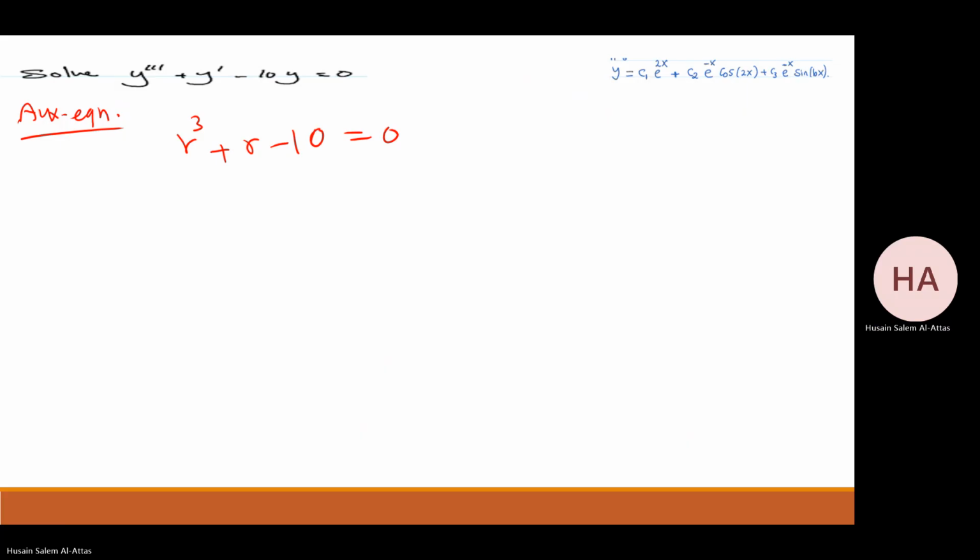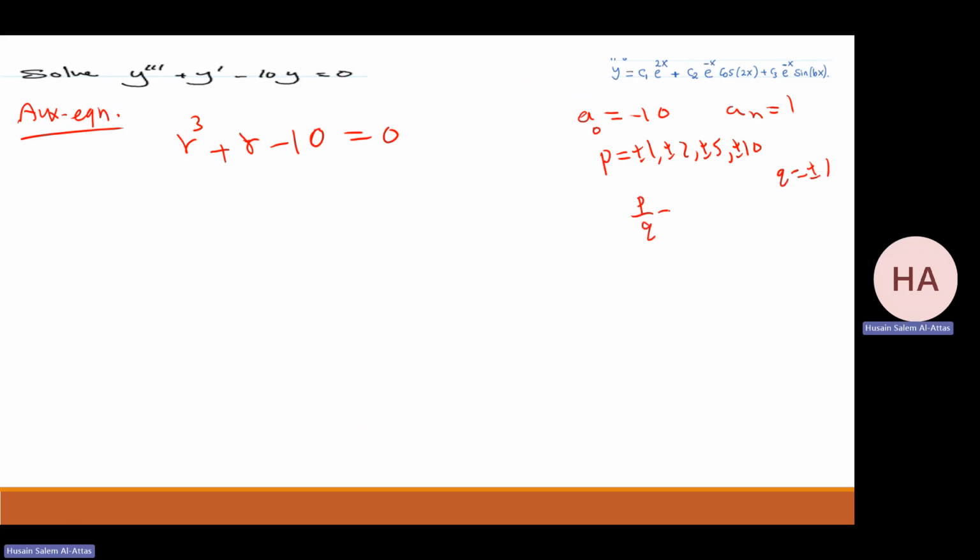Okay. Now I need to find the root. Since it's third degree, I need to make it first degree. Either I will guess the root, or I can use the rational zero theorem. We have a0 is minus 10, an equals 1. So p is plus or minus 1, plus or minus 2, plus or minus 5, plus or minus 10, and q is plus or minus 1.